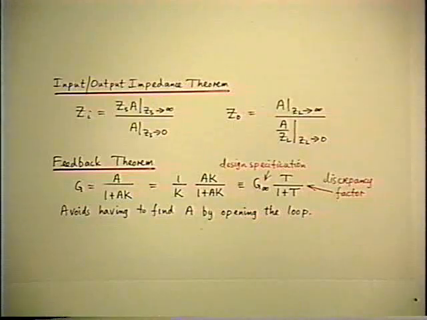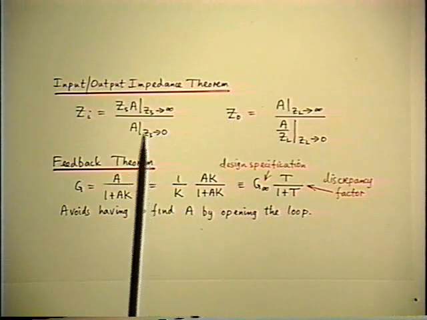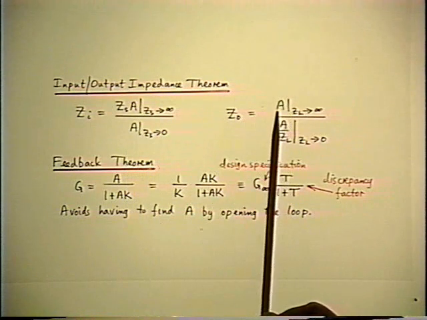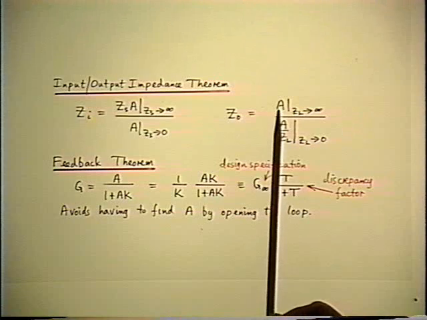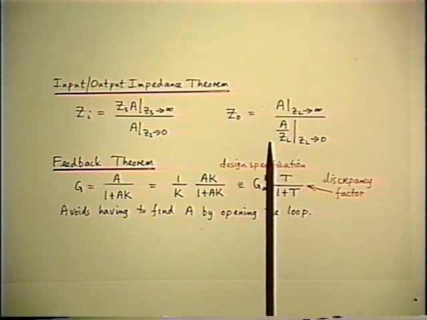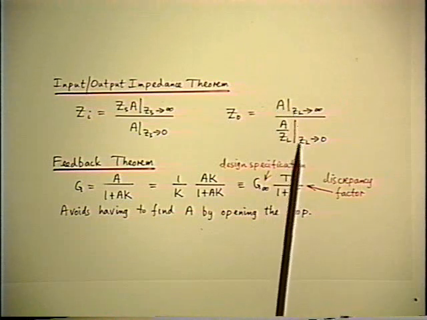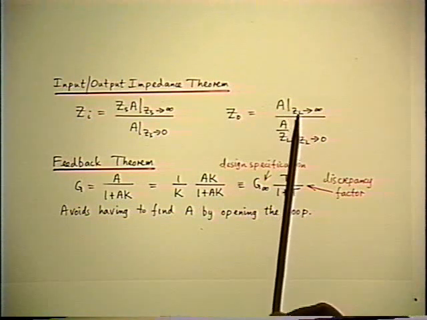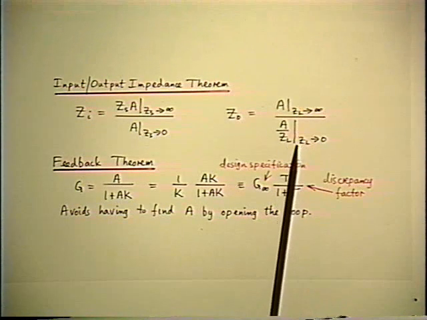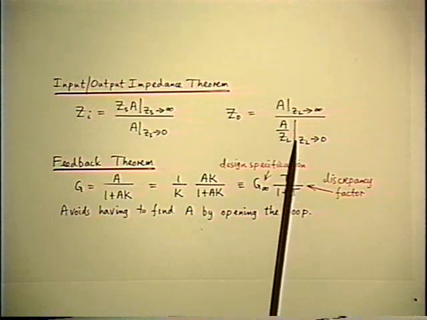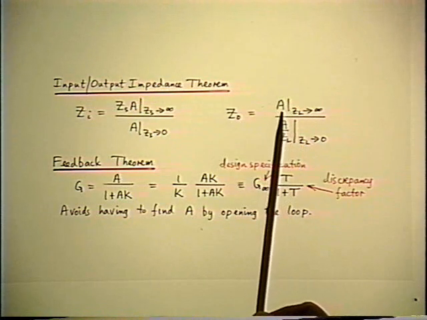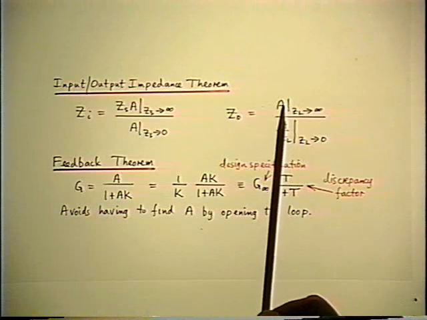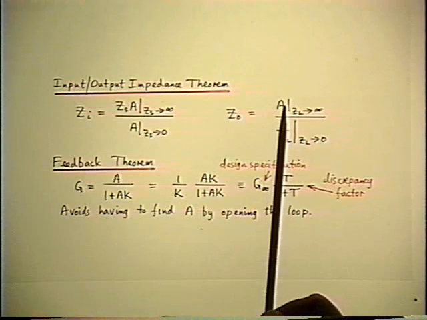The theorem says, if you've done all the work to calculate the gain of the system, which is this quantity A, in order to find the output impedance, all you have to do is take these two simple limits with respect to the load impedance ZL. Remember, the load impedance is inside the A, because you already calculated the gain of the system with the load in place.